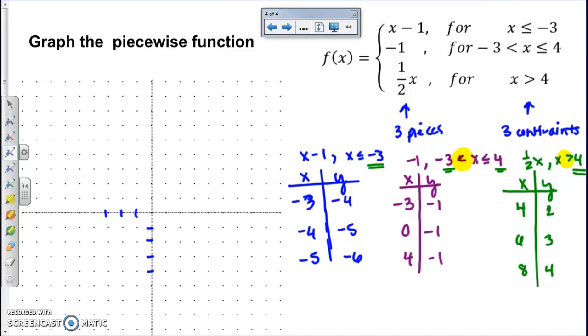Now, are we going to use an open circle or a closed circle here? We're going to use a closed circle because it says x is less than or equal to -3. So here we do include the -3. And then we'll graph -4, -5, and then -5, -6.